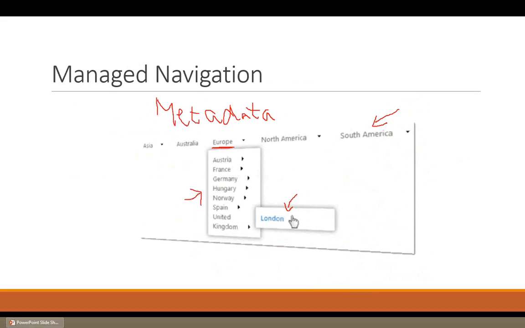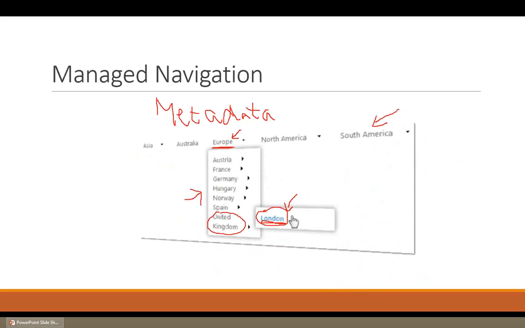So if something is tagged with London and the user clicks on Europe, he or she will get this content. Based on the full term store hierarchy, the users will get everything. If they would like to filter more and just click on United Kingdom, obviously they will get everything related to United Kingdom. Or if they are interested in the documents belonging to London, they can click on it and that's it.